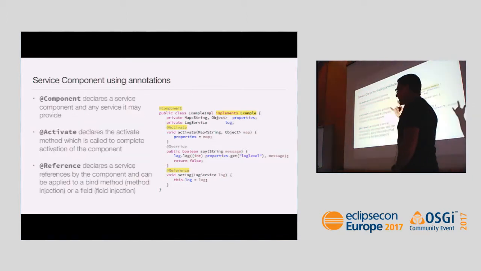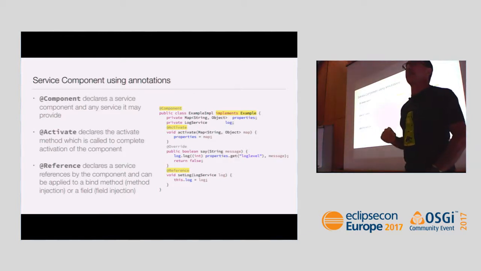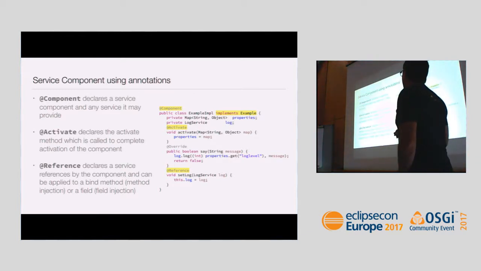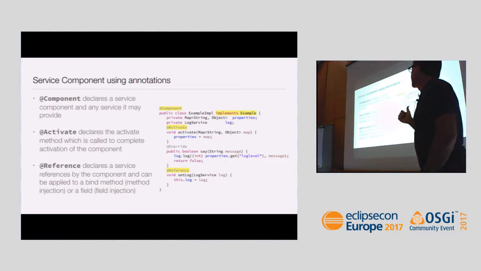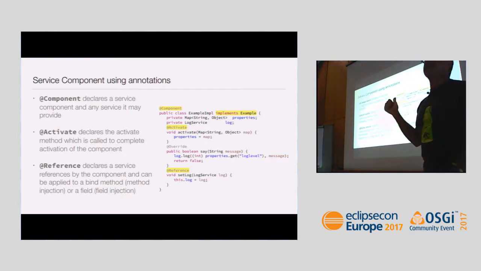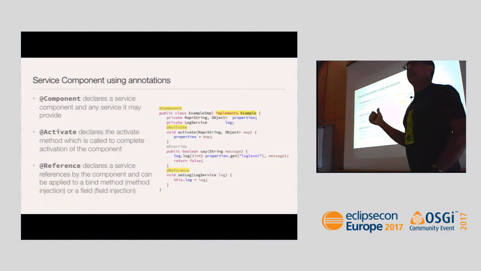So we basically have 3 main sort of annotations one might use as a Declarative Services programmer. We have one that declares we're a component, @component. And so you basically would annotate your class with this. You often want to be constructed, right, and set up with some objects. So we have an @activate annotation, and we'll pass you some initialized objects.